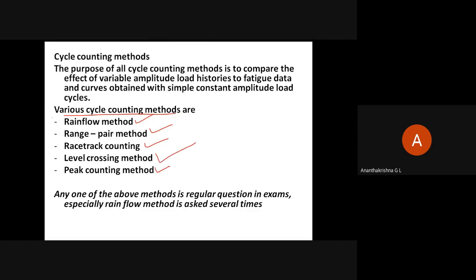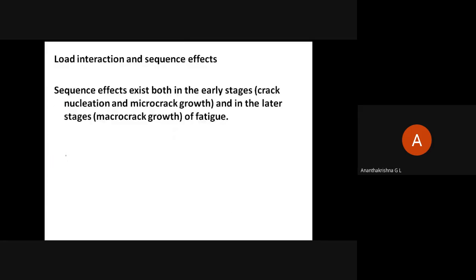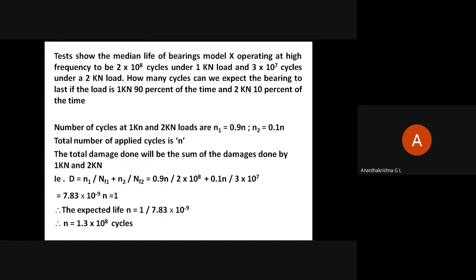Most of the time, in all question papers, you will have the rainflow method of cycle counting. Sometimes I have seen even the peak counting method in some question papers, so we need to learn that a bit.